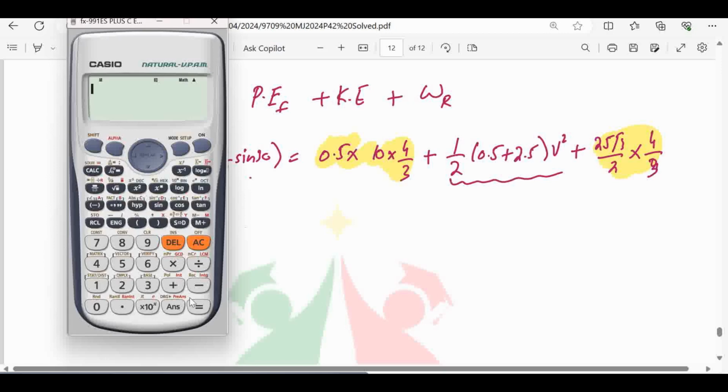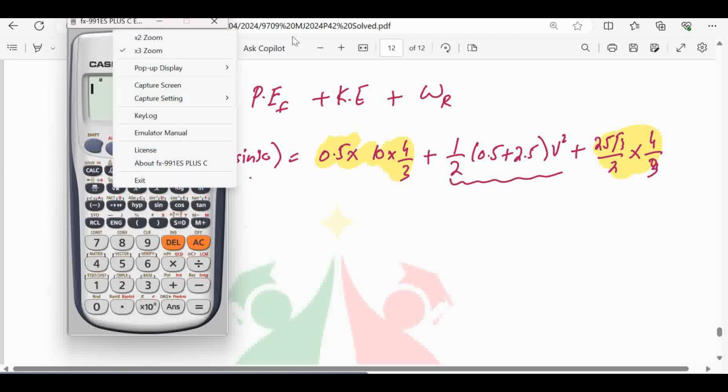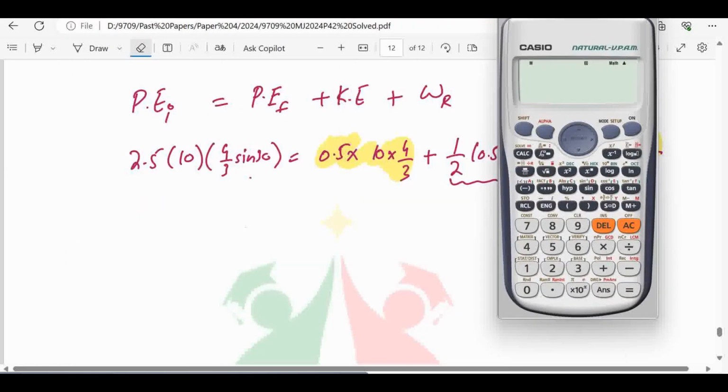So this will be 2.5 multiplied by 10 multiplied by 4 by 3 multiplied by sine of 30. It will give us 50 by 3.